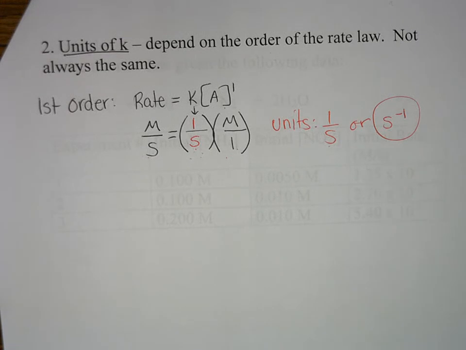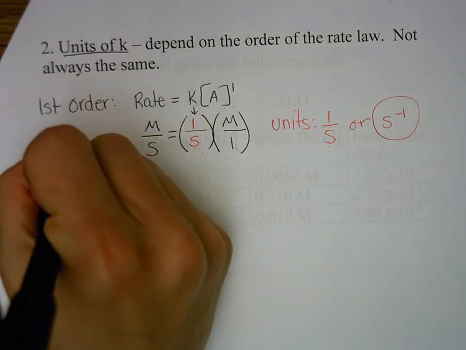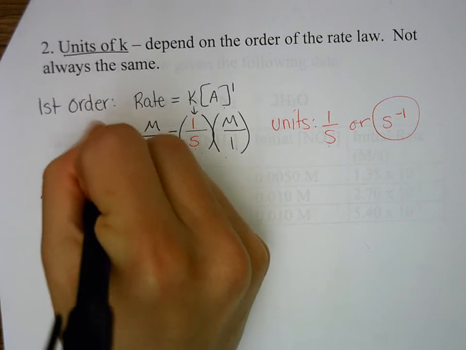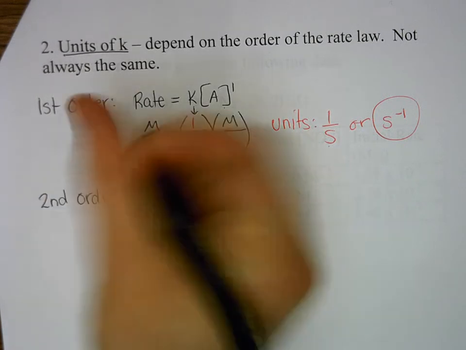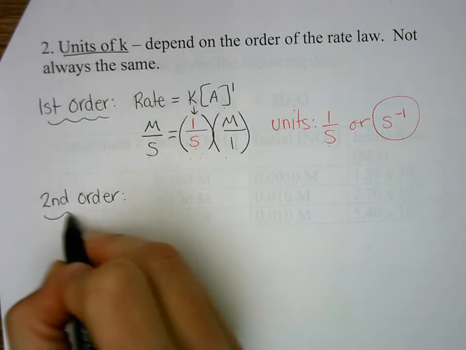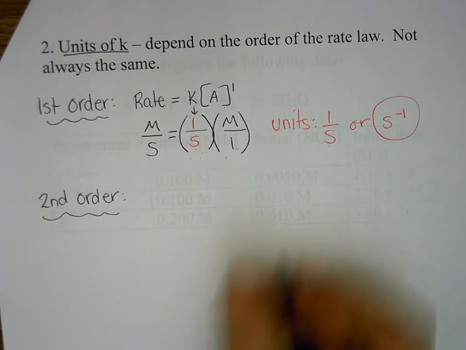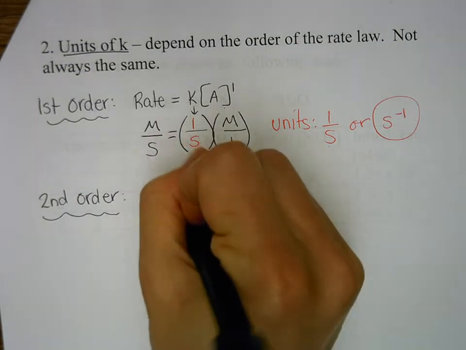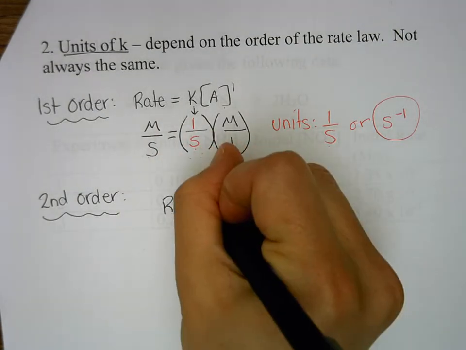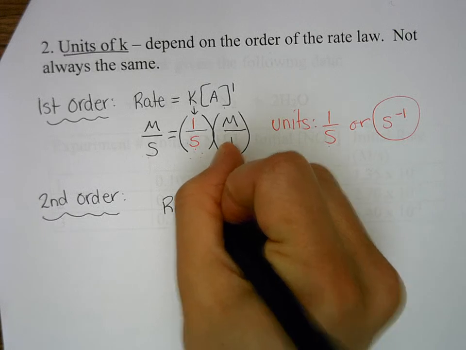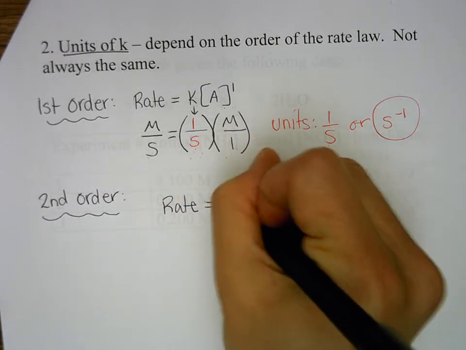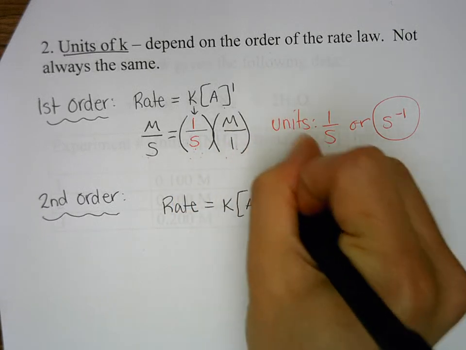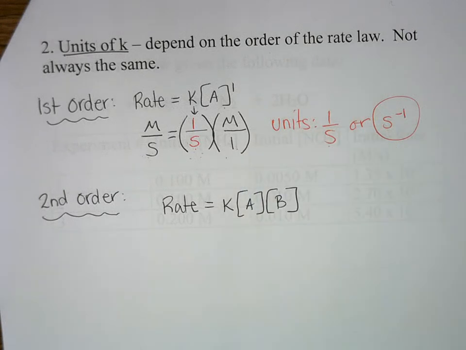All right, so let's do second order. The general equation for a second order reaction is the rate is equal to K times the concentration of A times the concentration of B. These are the concentrations of both of my reactants.